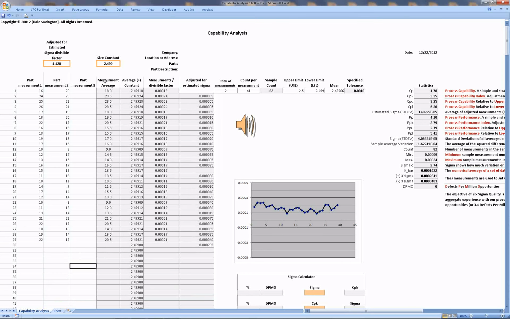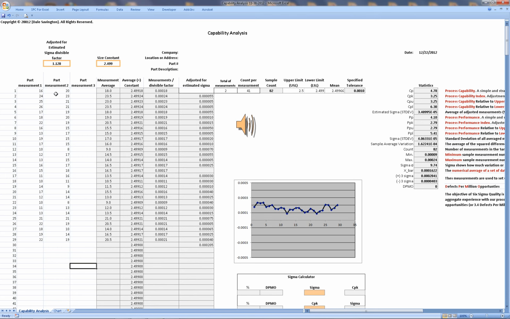This is a function I have copied from my conversations many years ago with the owner of SPC for Excel. I never discussed with him why, but have left it in my calculations. I have given an opportunity for the user to adjust this factor for whatever reason. I have seen users go as high as 1.3.